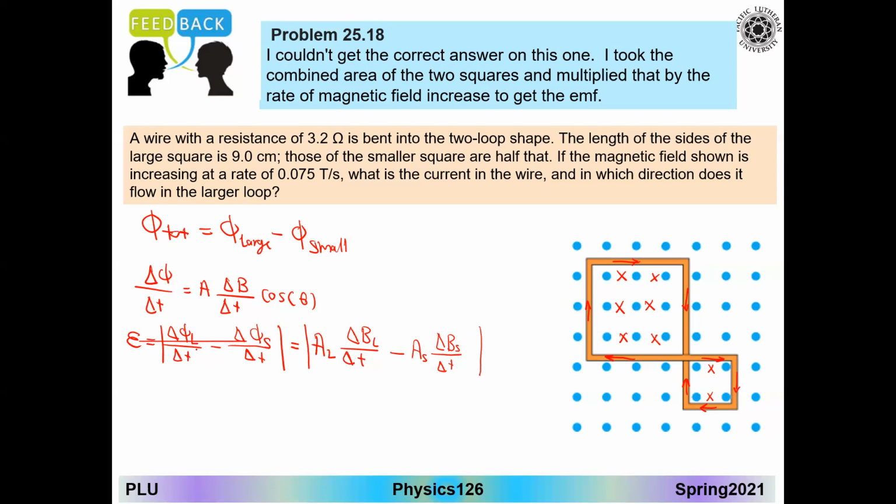So now just plug the numbers into my equation. The area for the first one is 0.09 meter squared, this is the square loop, times the given delta B by delta t, which is 0.075 Tesla per second.